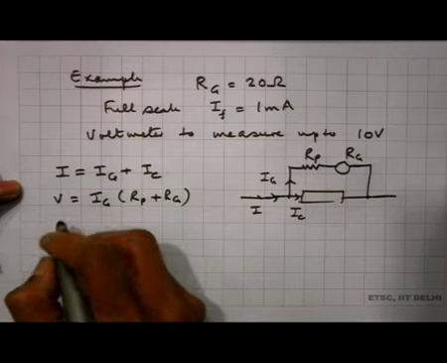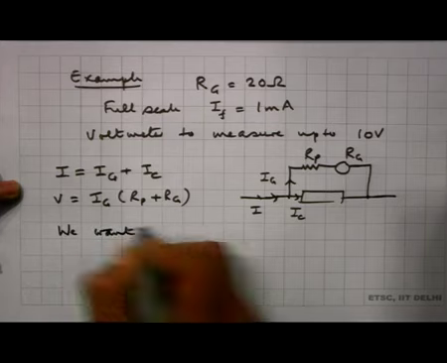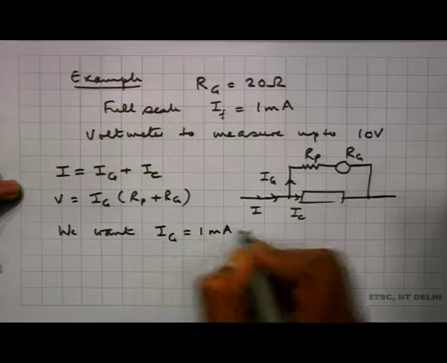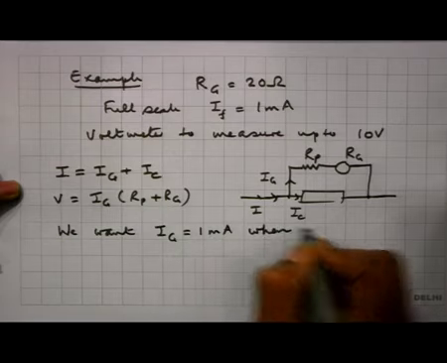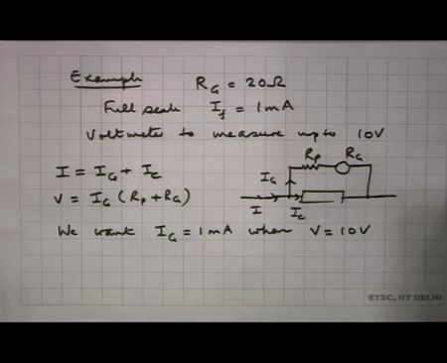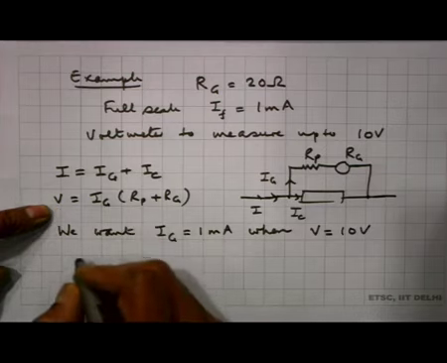We want Ig to be 1 milliampere when V is equal to 10 volts. When V is equal to 10 volts, I want Ig to be 1 milliampere. So, I can simplify this equation.